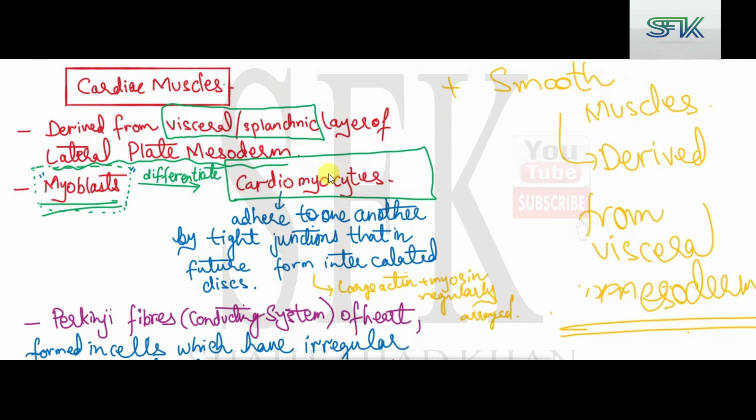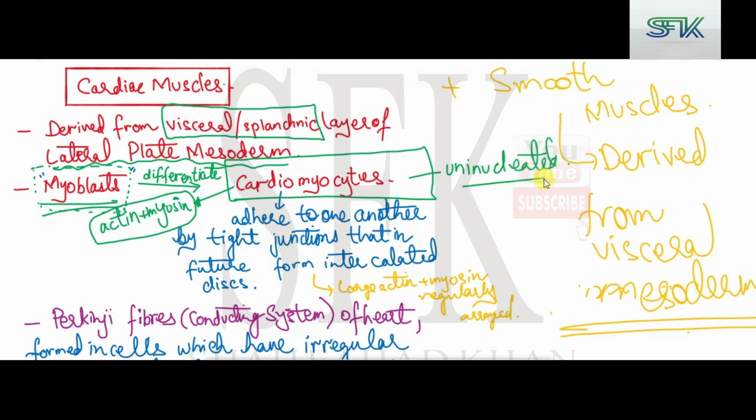Inside these cells, the organelles will start producing actin and myosin proteins, and these proteins will start organizing themselves and form microfilaments, and then the microfilaments will arrange in a regular pattern, forming striations over here as well. And you guys know these are uninucleated cells.